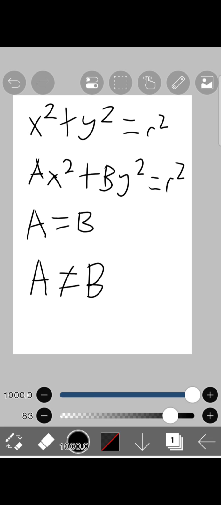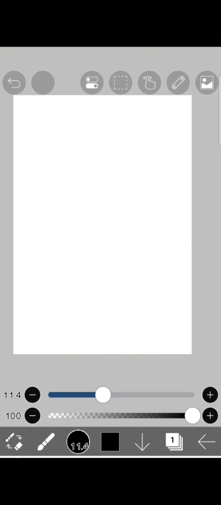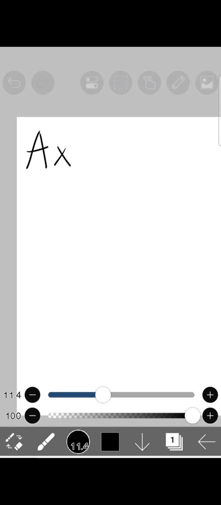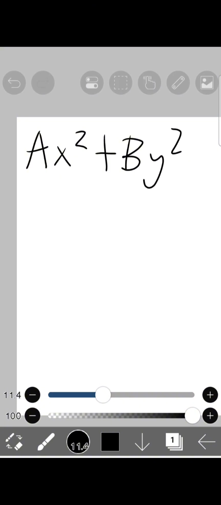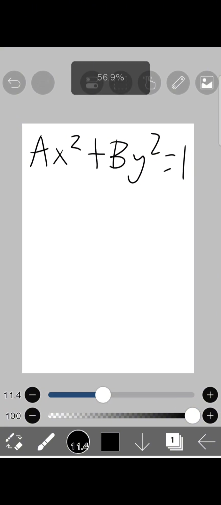To reveal its true shape, we're gonna go ahead and divide both sides of the equation by r squared. So we have a x squared plus b y squared equals 1 over r squared.